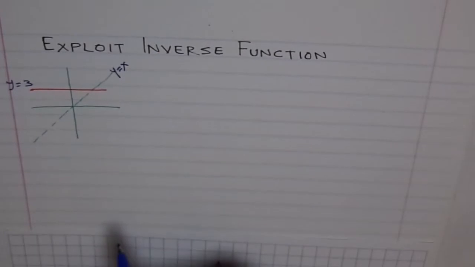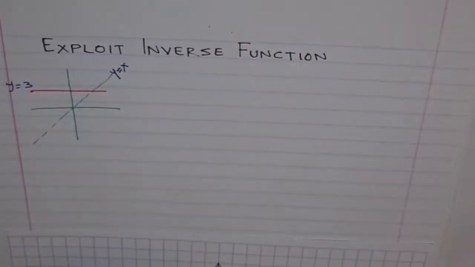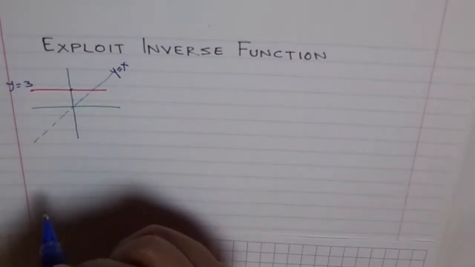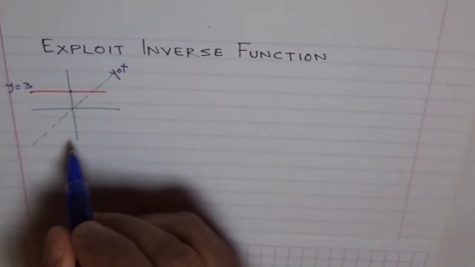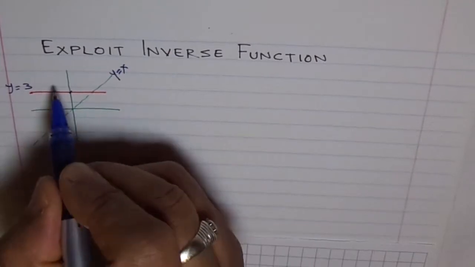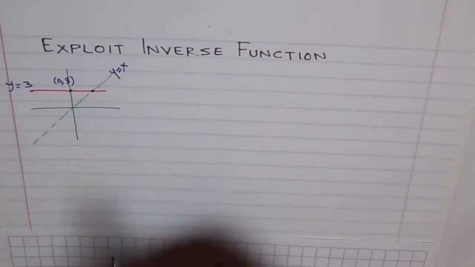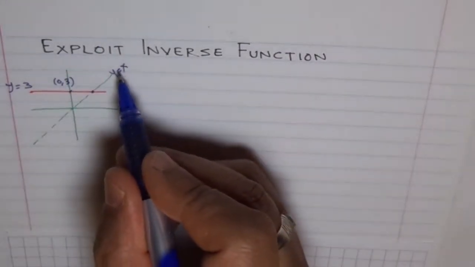In that case, what is going to be the inverse of this line? Well, what is this point? The y-intercept. The coordinates at this point are (0, 3), correct? What should be the value here? The line is y equals 3 and it intersects y equals x.